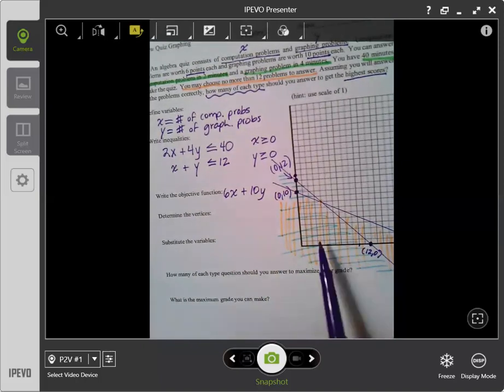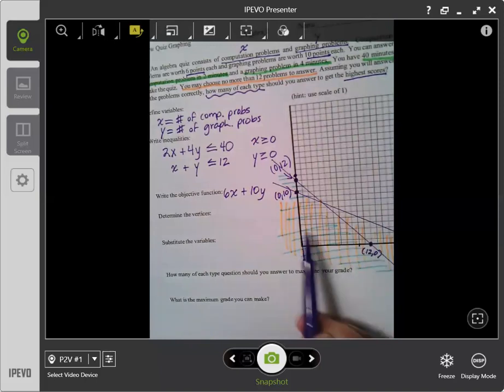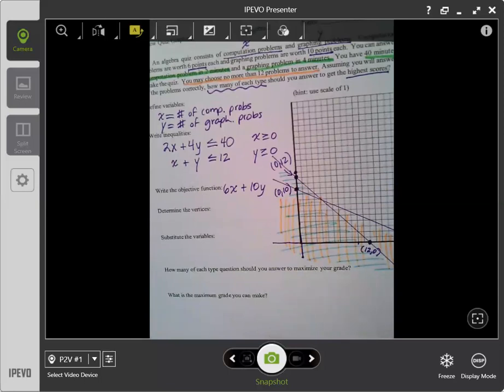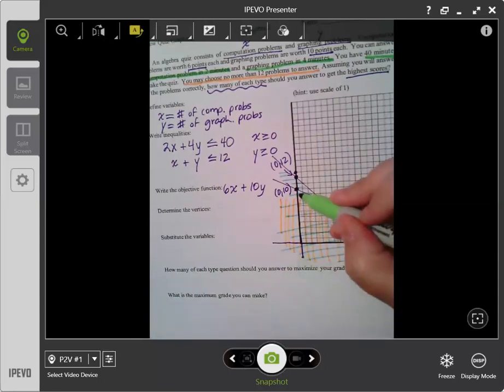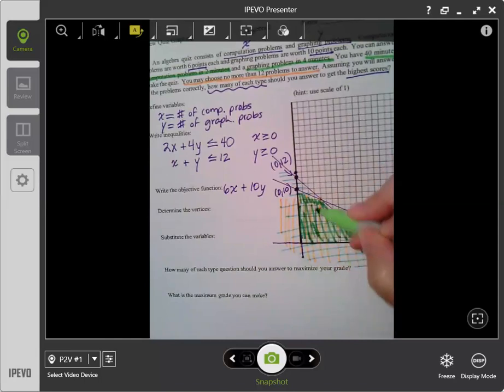Now, the line x equal to 0 is the y-axis, and it's greater than or equal to 0 to the right of that. The line y equal to 0 is the x-axis, and it's greater than or equal to 0 above that. So the place where all of the shading meets is right in here. This little quadrilateral area.